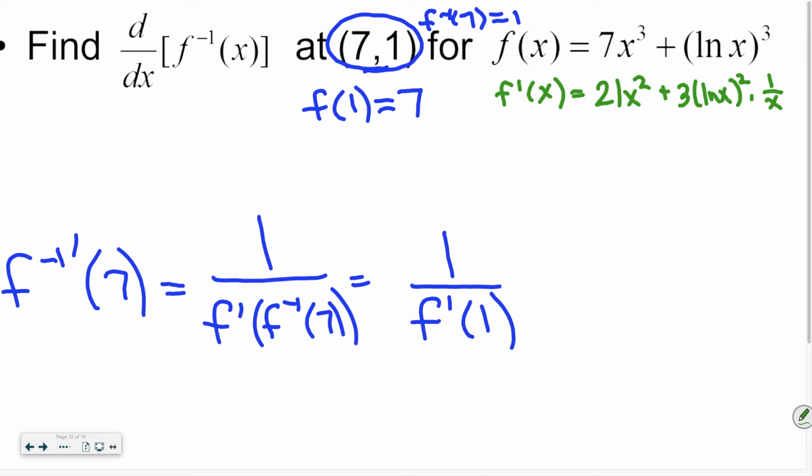Okay, this is Grace's derivative. 21x squared. Okay, that wasn't the challenging one, right? Here, we have to do the power rule, and then times the derivative of the inside, 1 over x. Now, we need f prime of 1.